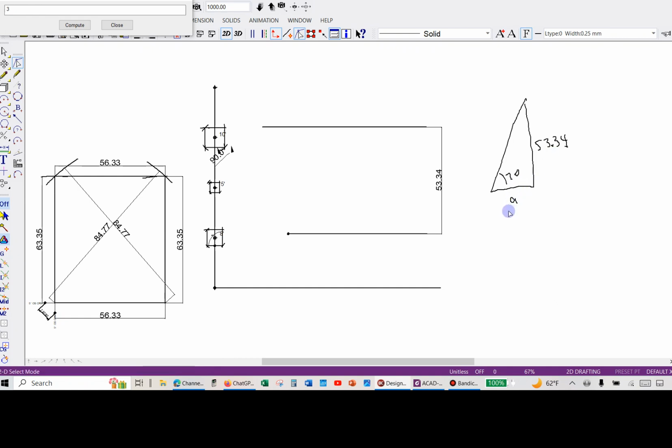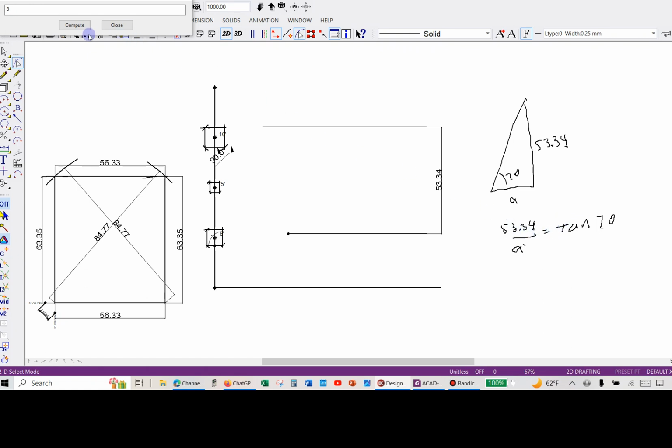Opposite over adjacent is called the tangent. So 53.34 over A is equal to tangent 70, right?